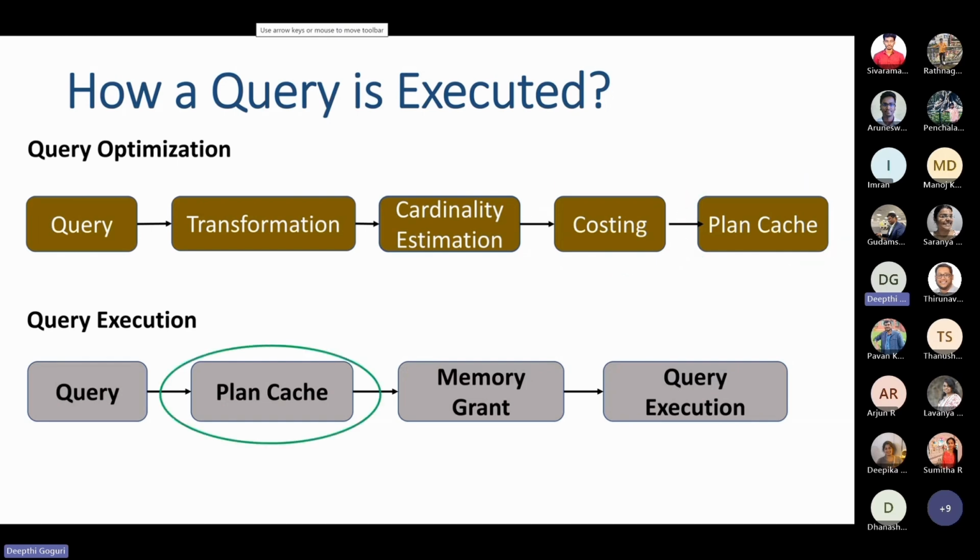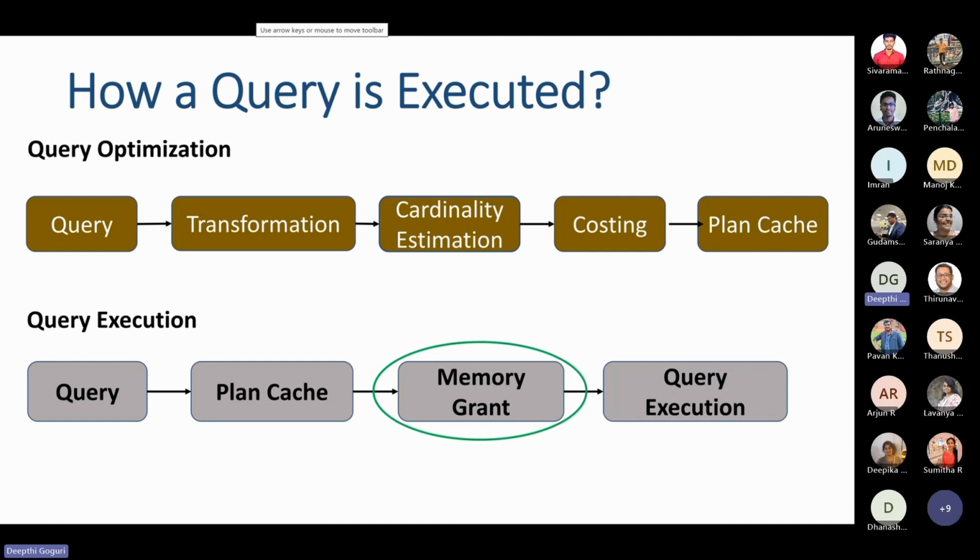As the query goes to the execution phase, that particular plan is grabbed from the plan cache, and before actually executing it, the memory grant will be allocated to that plan which SQL Server grabbed from the plan cache.